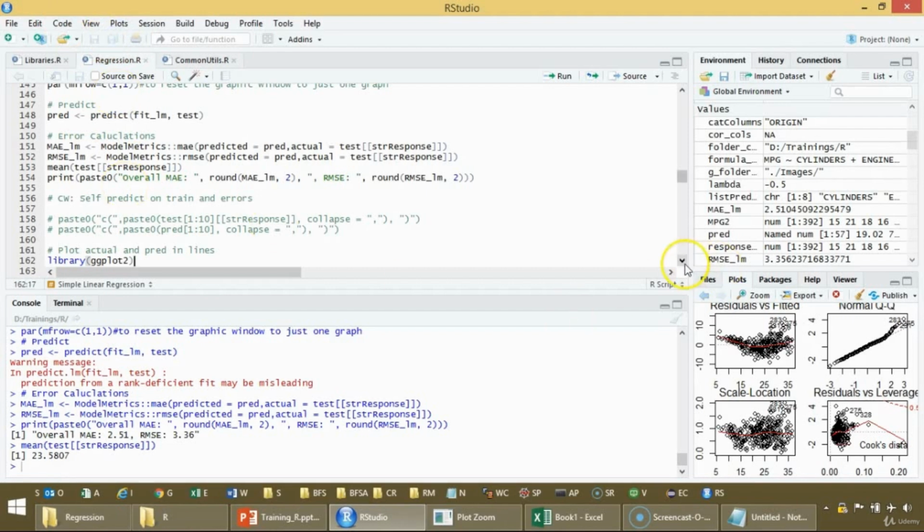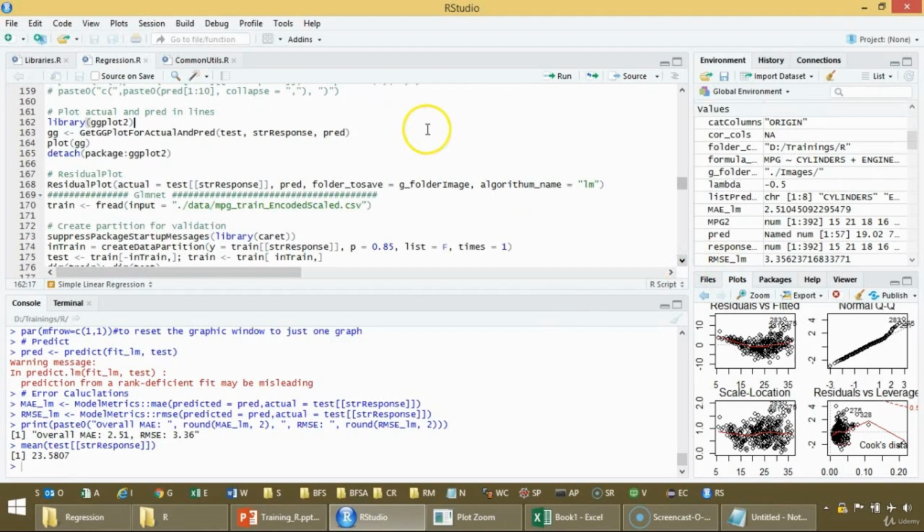Okay. That's good. Now let us go and draw the actual and prediction using this line. This is one of the utility functions I have written in the common utility that takes the actual and the prediction and draws it. This will be done using the ggplot library.